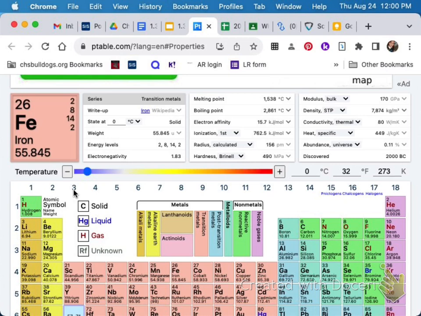The symbol sometimes looks like it's just an abbreviation of the first couple letters of the element, and then sometimes it looks wildly different. That's because some of these elements were named when we still used Latin, and so they had Latin names, like iron was ferrous, so that's where the Fe for iron comes from.